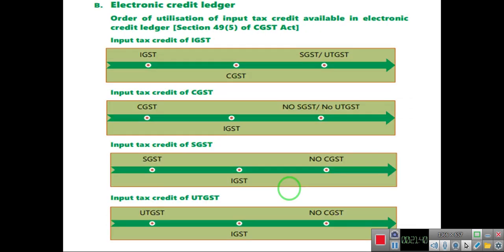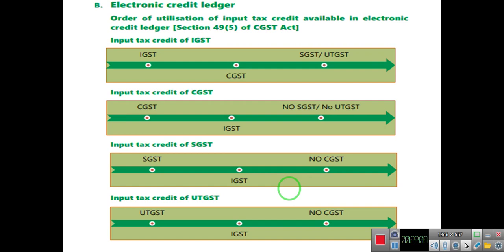Now the electronic credit ledger shows the input tax credit available to the taxpayer. If input tax credit of IGST is available, it is first used to set off IGST, then it can be used for set off of CGST, then SGST or UTGST.